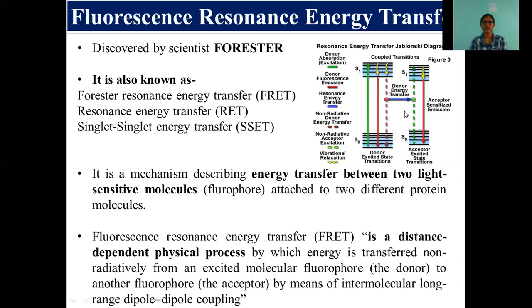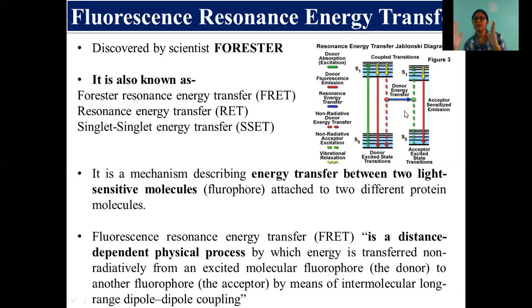Hope that you understand what is meant by fluorescence, what is meant by resonance, and what is meant by energy transfer. So FRET is a distance dependent phenomenon. I told you that the energy is transferred between the two fluorescent molecules.